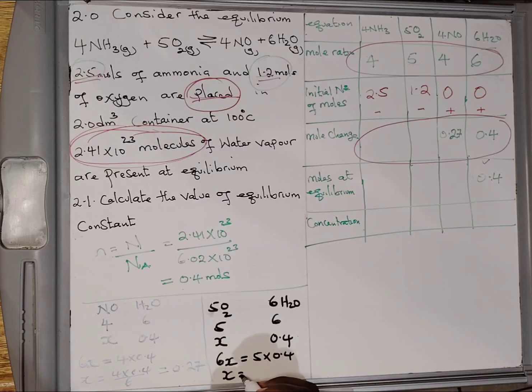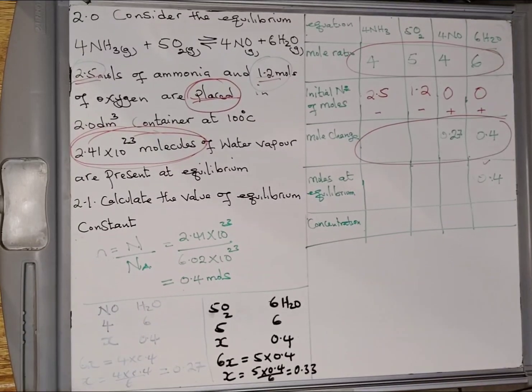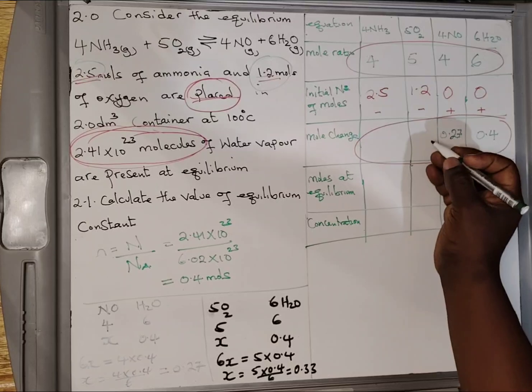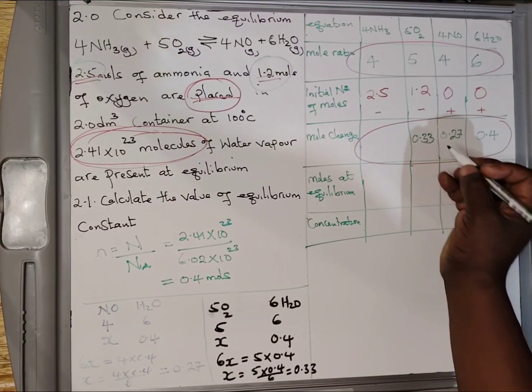So x is going to be 5 times 0.4 divided by 6. What do we get from there? So you get the answer as 0.33. So that's what you get, and you put it there. It is 0.33.